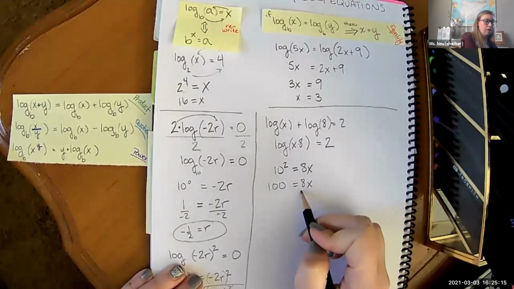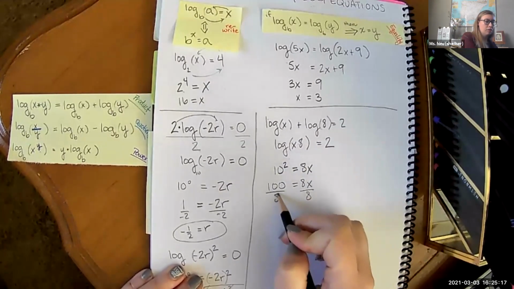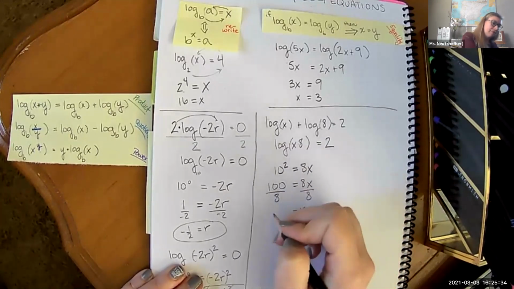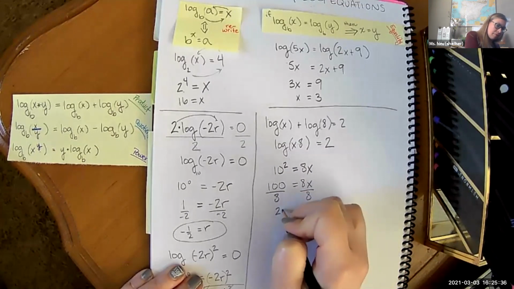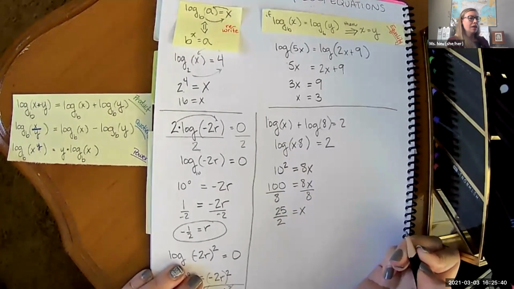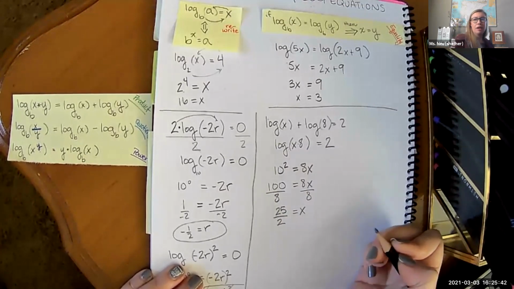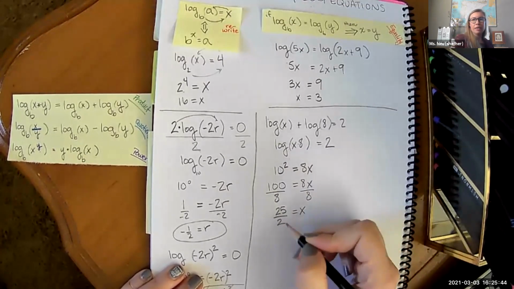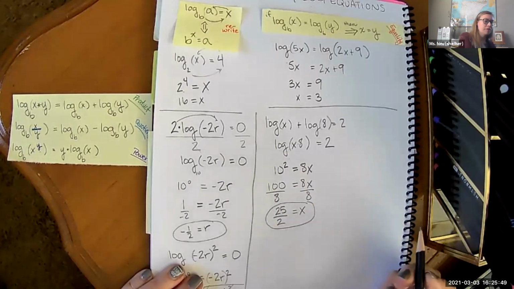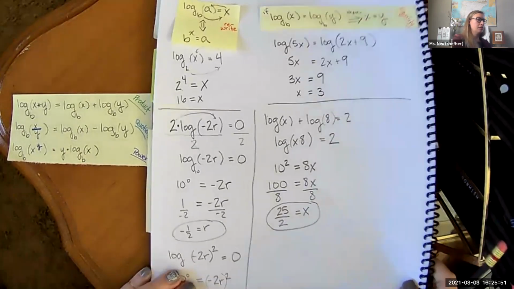And divide by 8. And x equals 25 halves. Now I could write this as a decimal, but usually in mathematics, we just leave it as a fraction and it's all good.